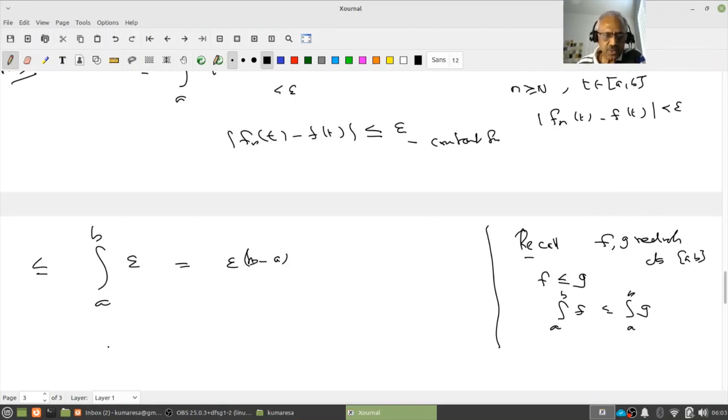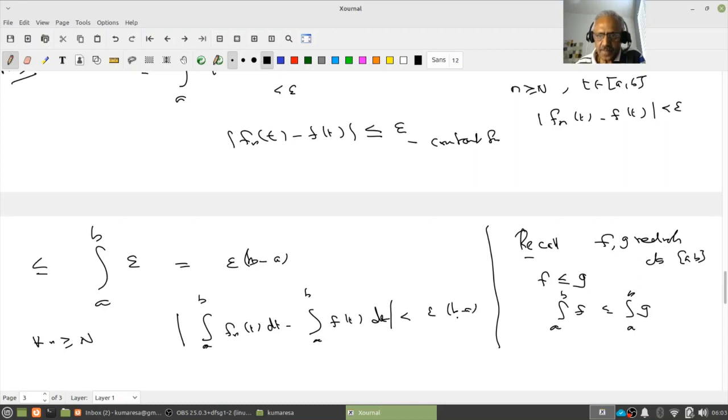Therefore, I have shown that for all n greater than or equal to capital N, the distance between the integral from a to b of fn(t) dt and the integral from a to b of f(t) dt is less than epsilon times (b minus a). This is strict because here it's strict. Anyway, it doesn't matter.